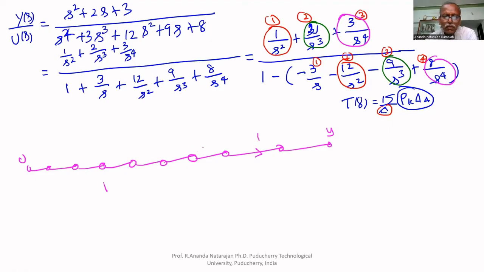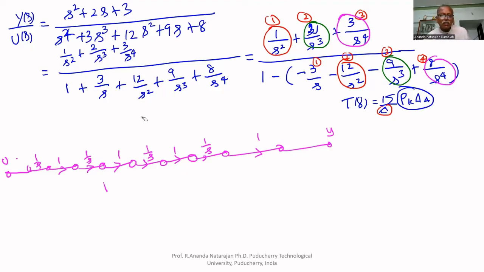This is 1, this is 1 by s; this is 1, this is 1 by s; this is 1, this is 1 by s; this is 1, this is 1 by s. That is 1, 2, 3, 4. This is U. One forward path has 4 integrators.